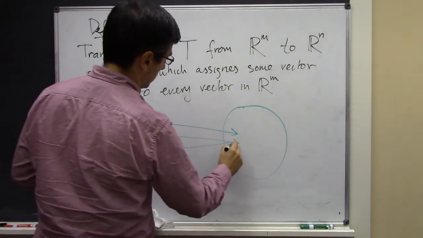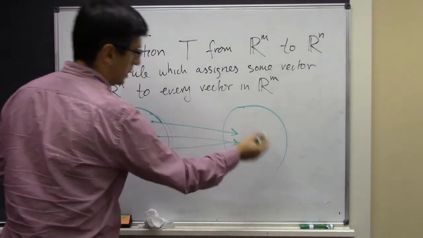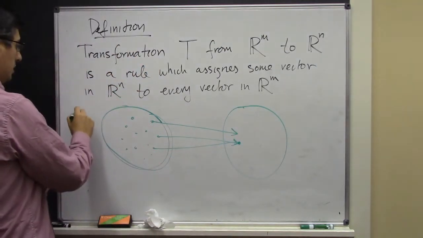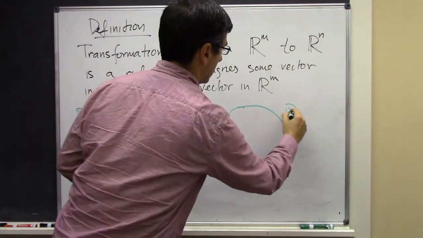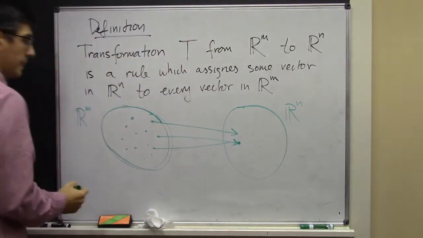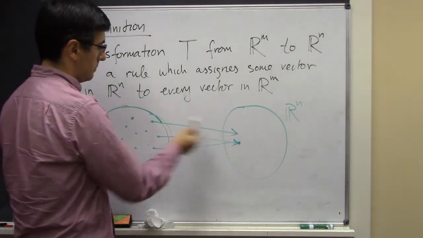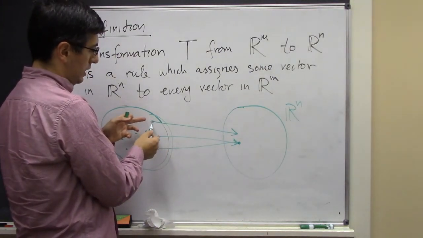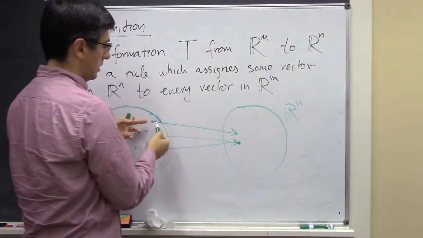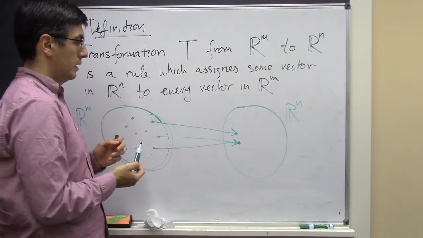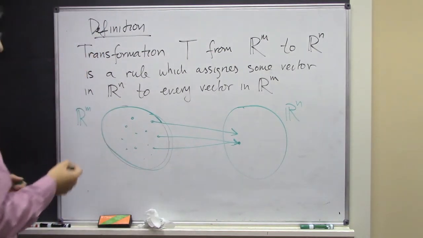And you're allowed to map two elements here to the same element there. So you have this R^m, and here you have R^n. But the assignment is unique. To every vector in R^m, there is a vector in R^n that corresponds to it. But you can map two vectors to the same vector.